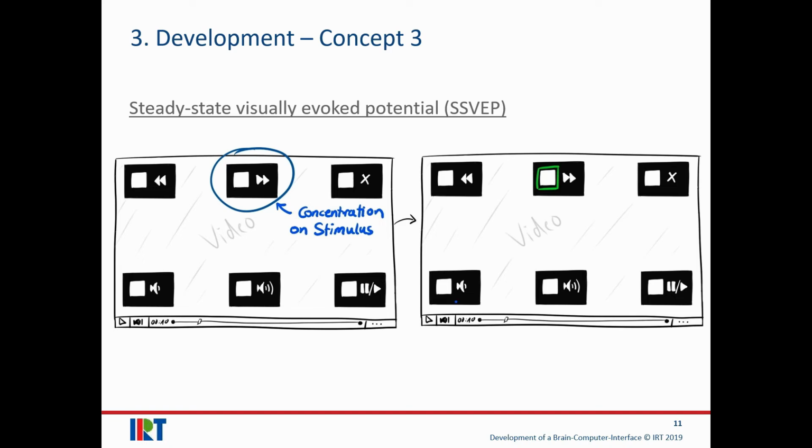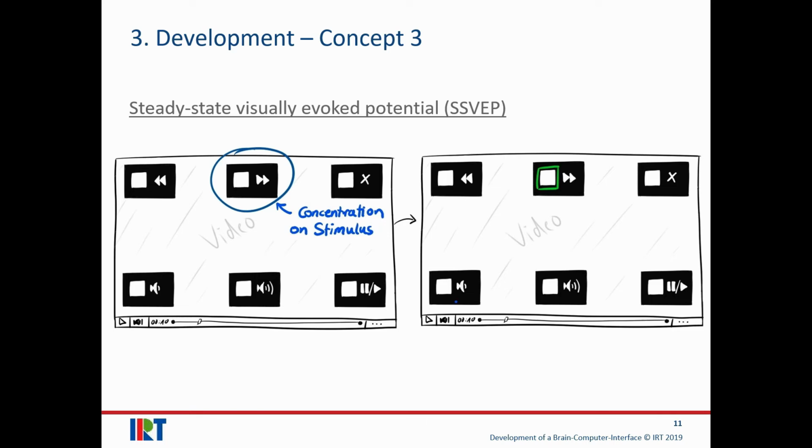The idea is that each command is blinking, so its background changes, for example, from black to white and black again in a specific frequency. All commands blink simultaneously, but each command gets a different frequency, so that different signals in the brain are triggered depending on the command the user is focusing on.